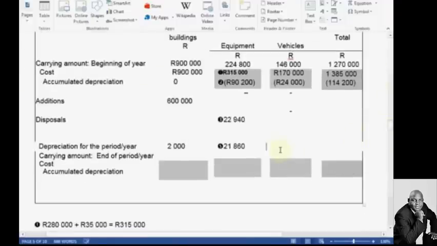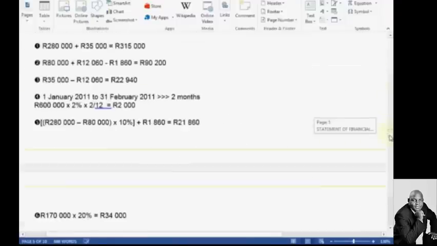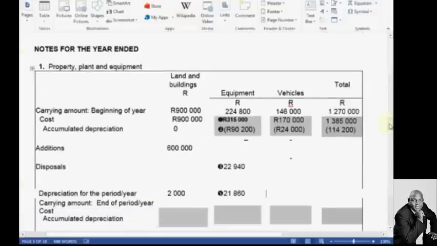So I need to plug that in. It's workings number 6. Okay, it's 34,000. Wonderful. So this must all be bracketed because that's depreciation.